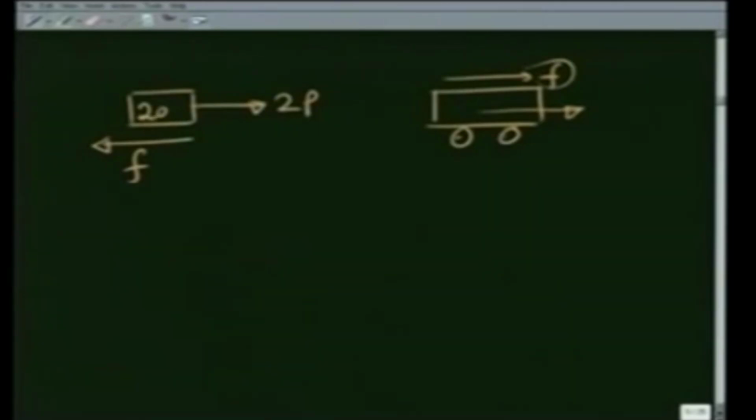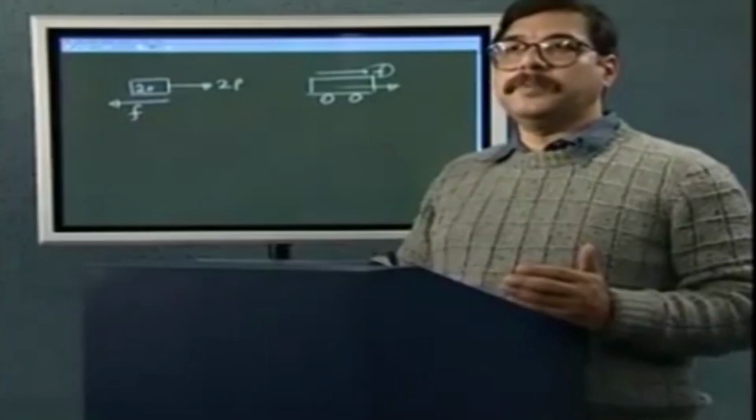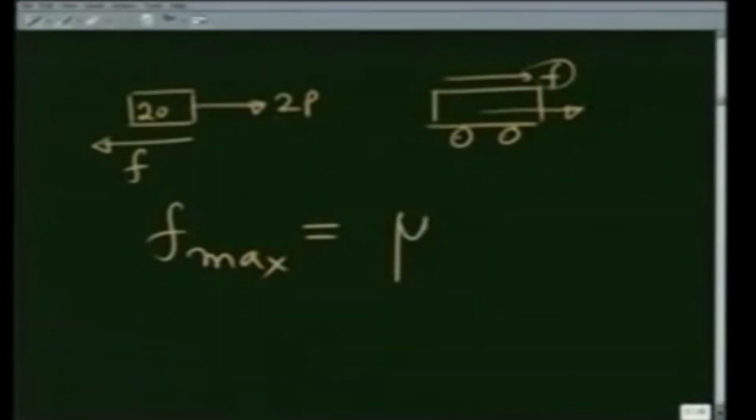The 20 kilogram mass will also move in this direction because of 2p and the force. Let us see what p I should apply so that they don't slide. That would happen when F is maximum possible. Let us calculate what is F maximum possible, that is mu mg.